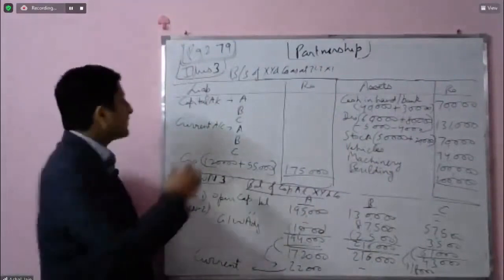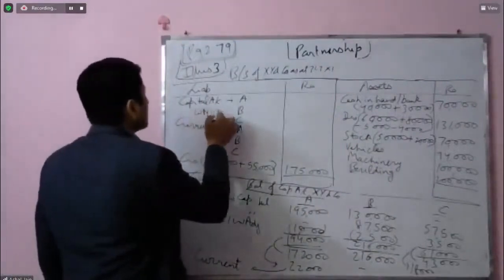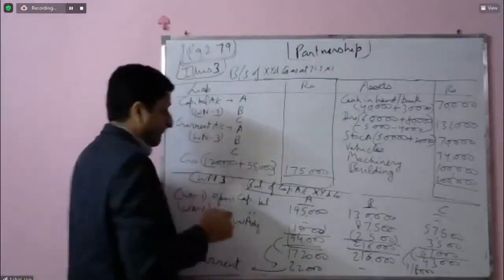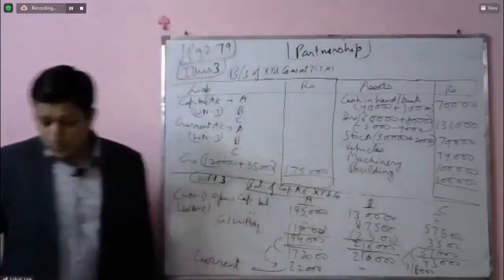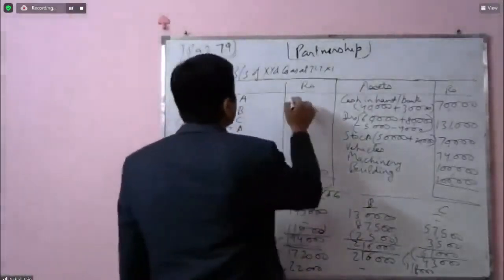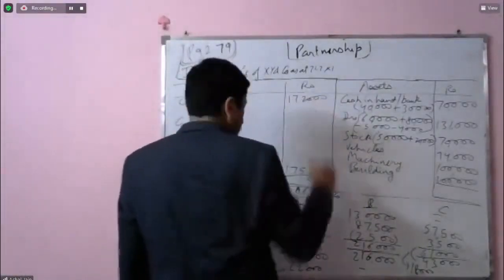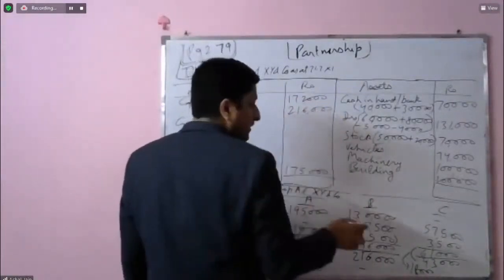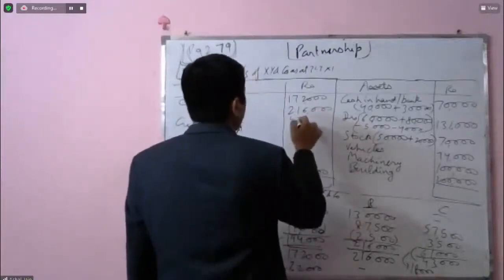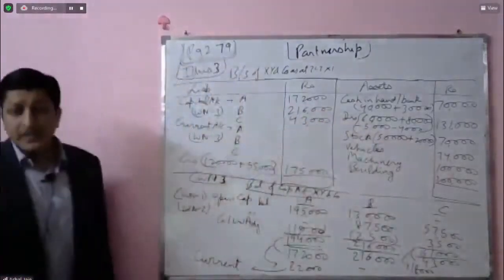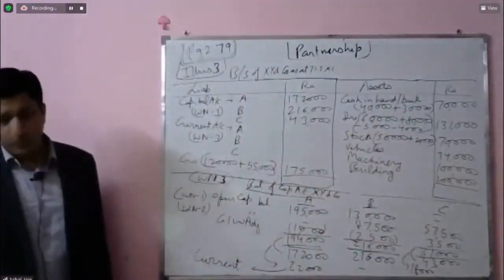So all in all, what do we get? We can give the working note reference over here. So what are their capitals now? 1,72,000, then 2,16,000, then 43,000. So these are the required capitals in their profit sharing ratios.